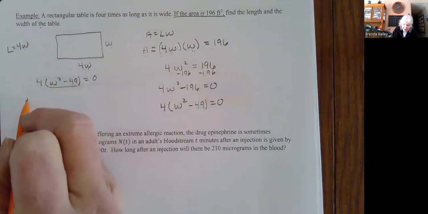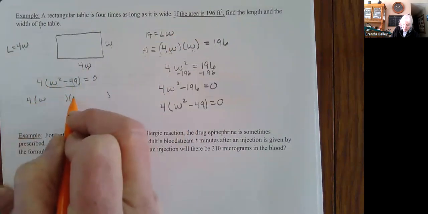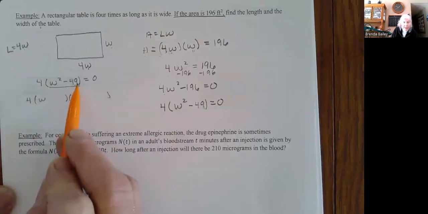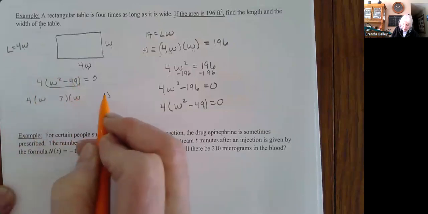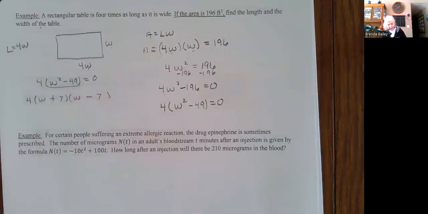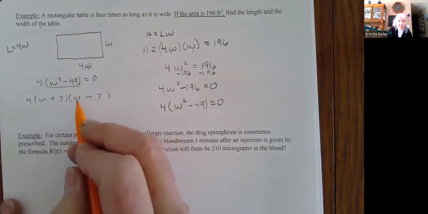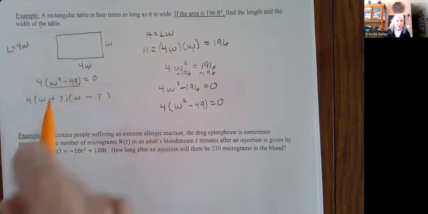So that tells us we have W, W. What gives you 49? 7 times 7, one's plus and one's minus. That way the middle term comes out to be 0. Minus 7W and a positive 7W is 0. There's no middle term.